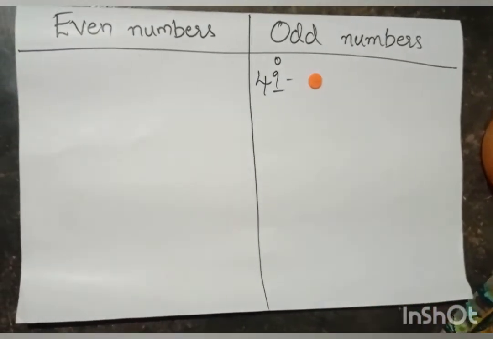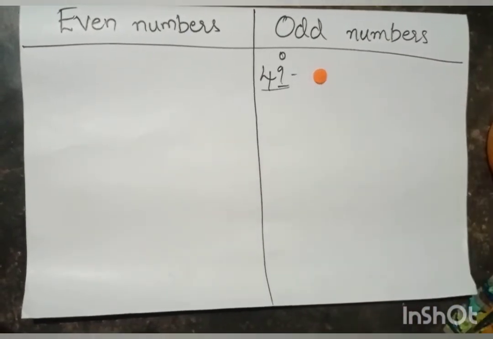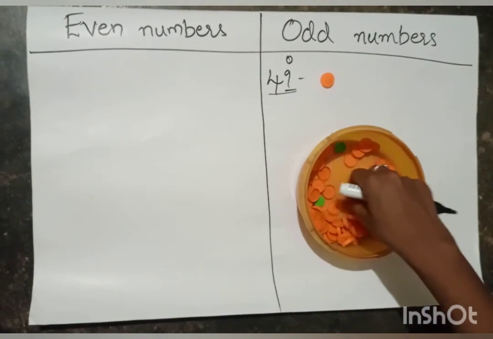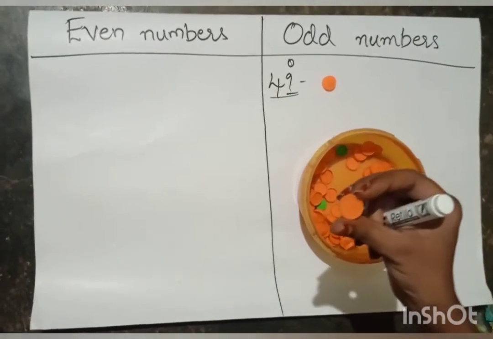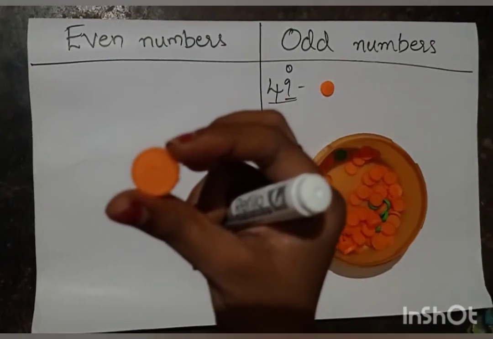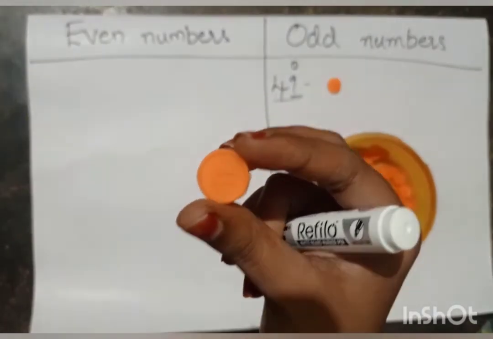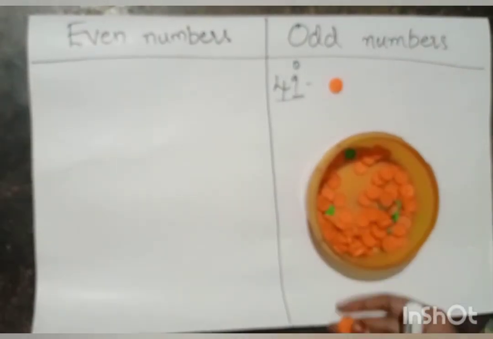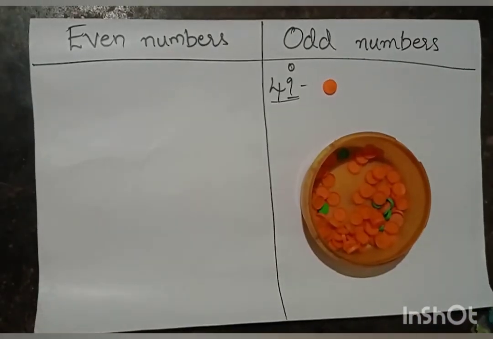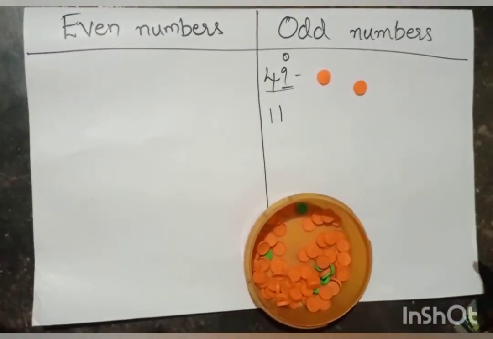So we'll place 49 in the odd number column, and you will write that number in the odd number column. Let's take one more. See here. Can you see the number? This is 11, right? So 11, the ones place number is 1. So 11 is also an odd number. We'll write 11 in the odd number section.